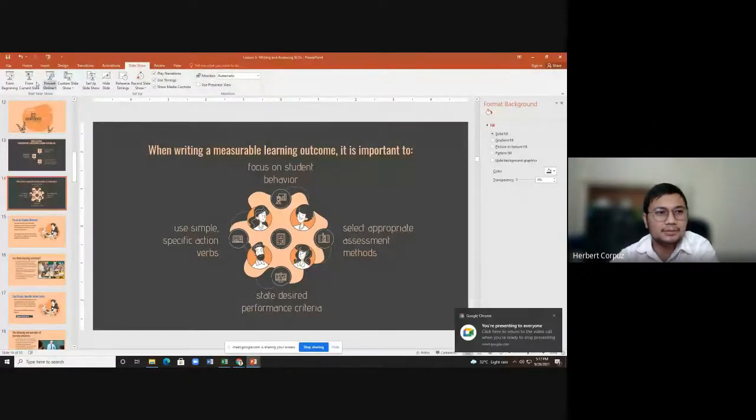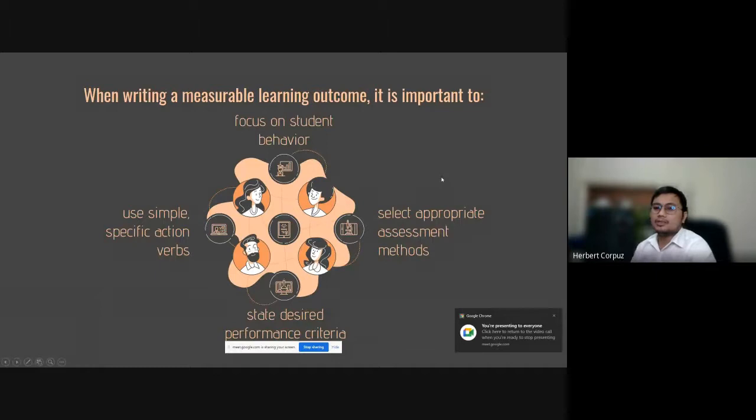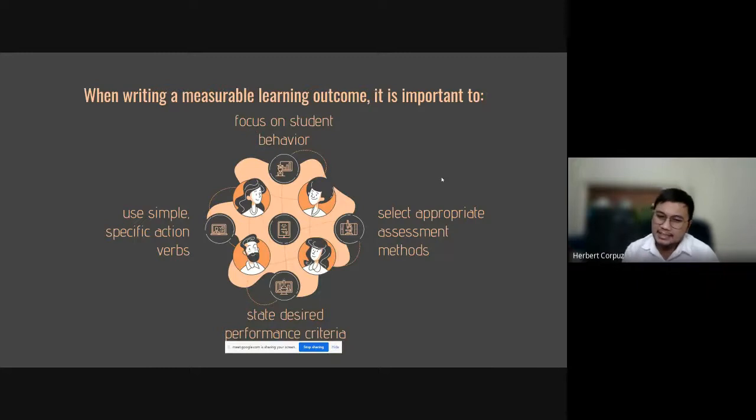Okay, we continue. And also, we have to select appropriate assessment methods. Tignan natin kung yung ipapagawa natin sa ating mga mag-aaral ay akma para magawa nila yung nasabing behavior. Para maipamalas nila yung nasabing student behavior.